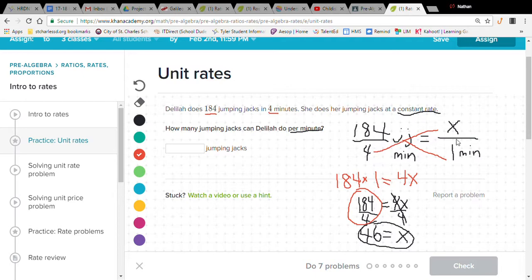What I did with this proportion was to show you the logic behind why that works. But in the end, all I wound up doing was dividing 184 by 4 to get how many she could do in 1 minute. That makes sense because you're dividing by 4 minutes. So these 4 groups that you're dividing into is 1 minute per group. So in 1 minute, she can do 46. So our answer should be 46 jumping jacks.